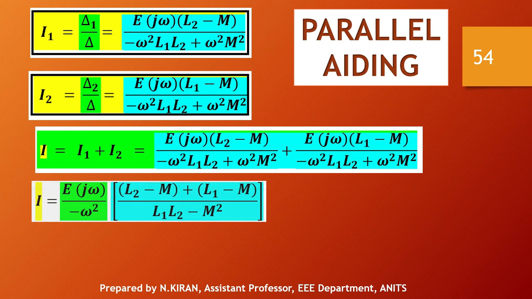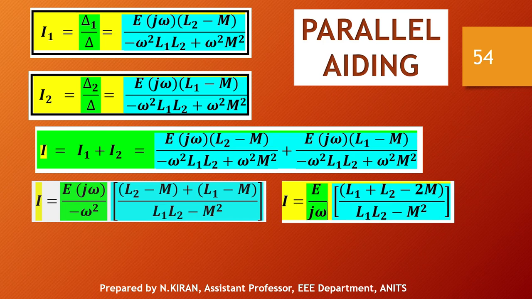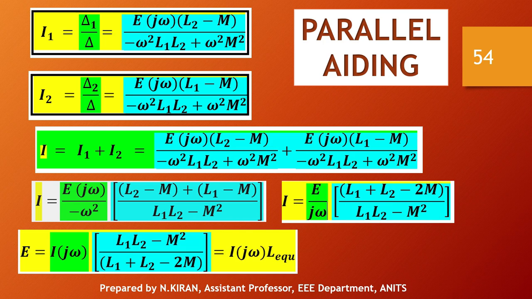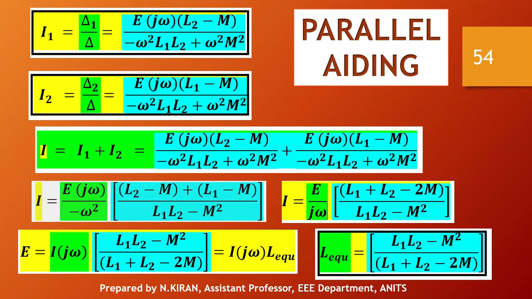After finding the total current, we'll find the expression for the total equivalent inductance, which is the ratio of E by I, and in this case you obtain L1 L2 minus M square divided by L1 plus L2 minus 2M. So this is the equivalent inductance in case of parallel aiding.